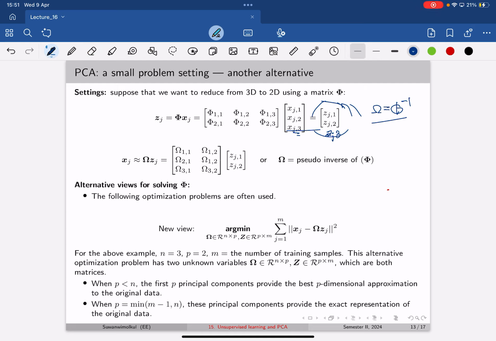Anyway, in this alternative view, we will be focusing on how to make sure that whatever we get from this optimization problem, in this case finding the omega matrix, will ensure that whatever you have in Z will be able to project back to X. That means you will minimize the error between X and the projection of Zj and omega.